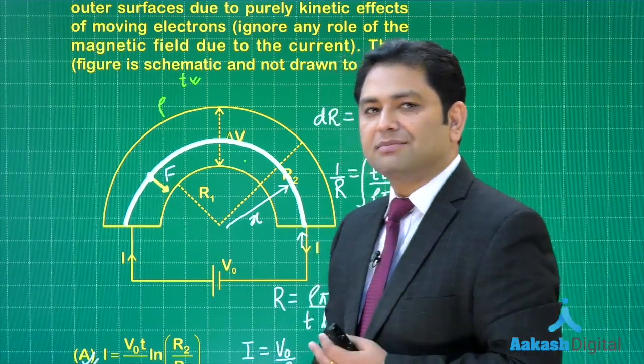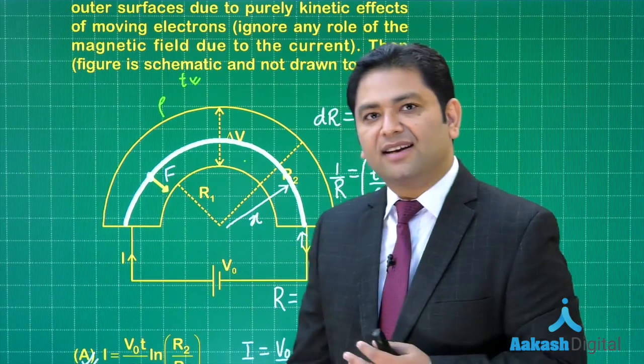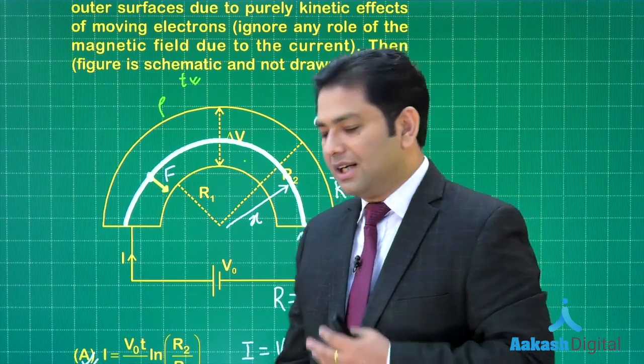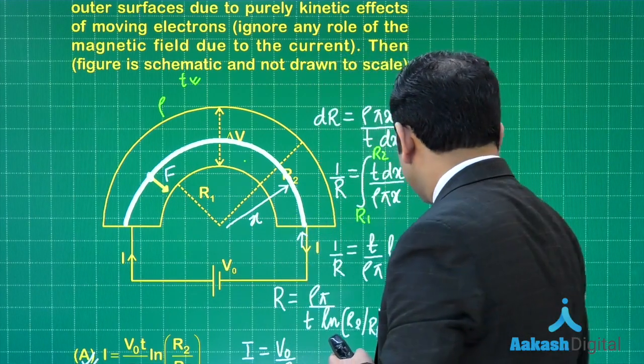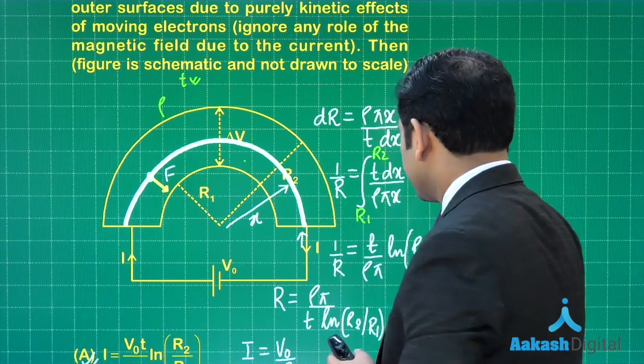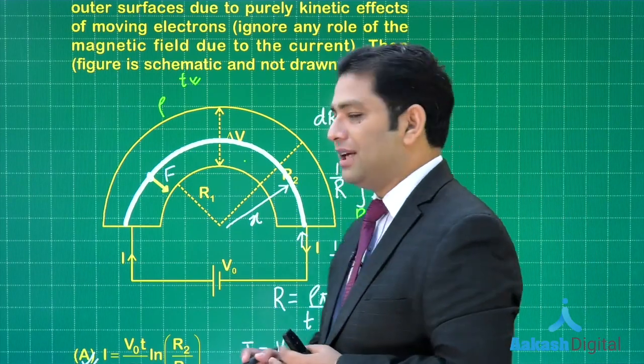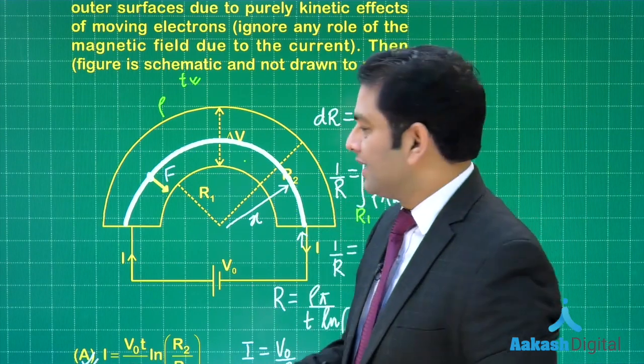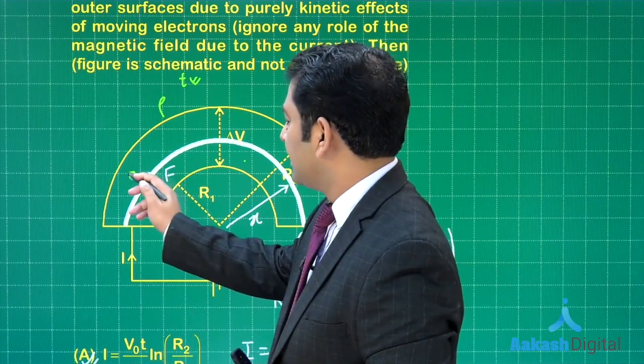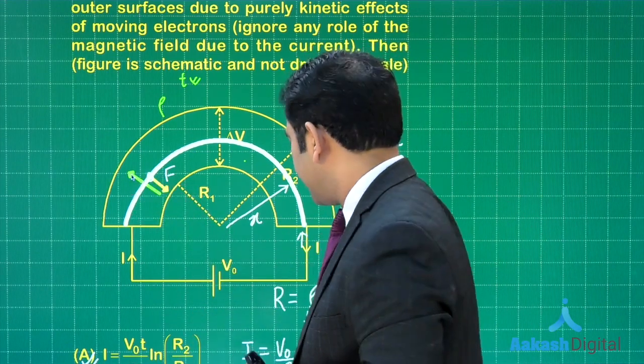And then the question comes that who is going to provide that centripetal force? Of course, that is going to be provided by the electric field. So it means there has to be an electric field in the radial direction. And where will the electric field be? That has to be in this direction.